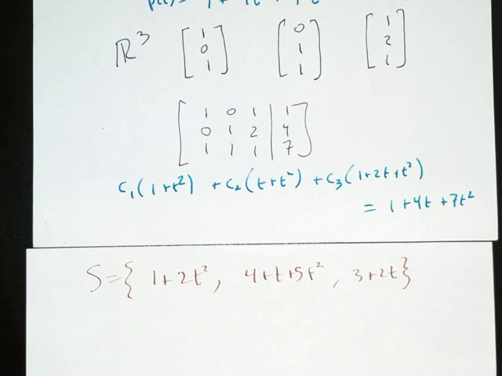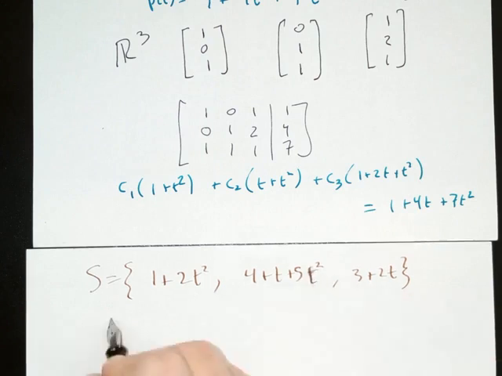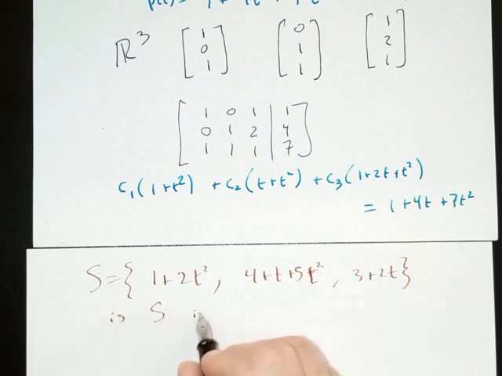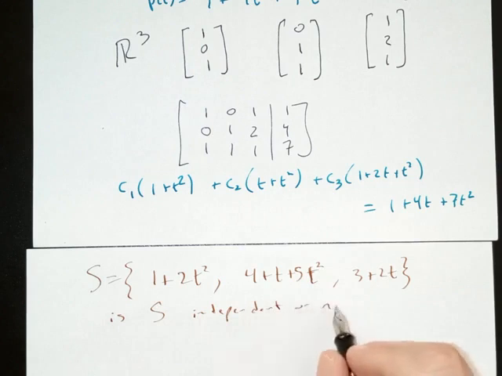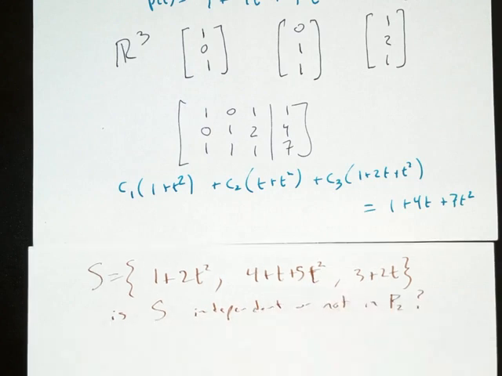Here's a set of polynomials. Is this set of polynomials independent or dependent in P2? I don't know how to answer that question in P2.